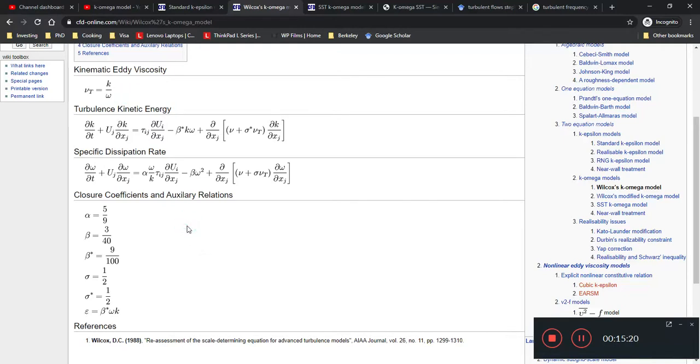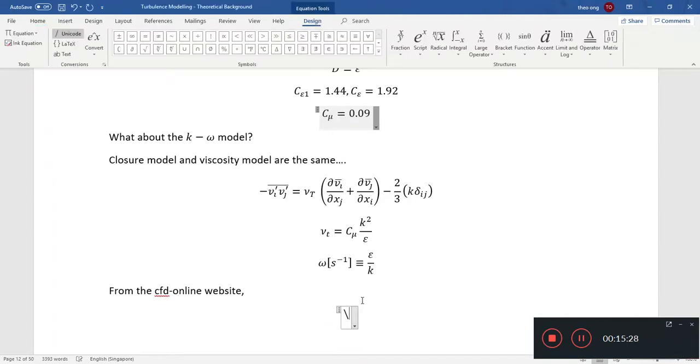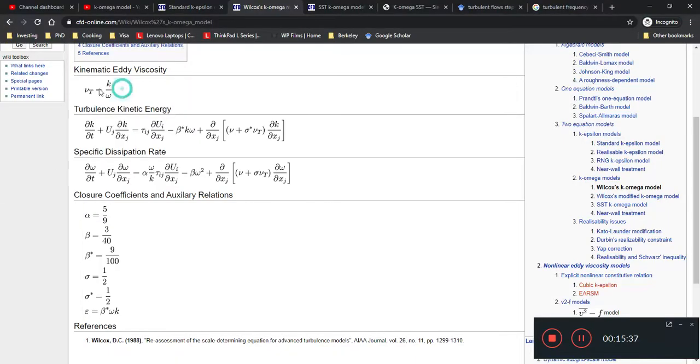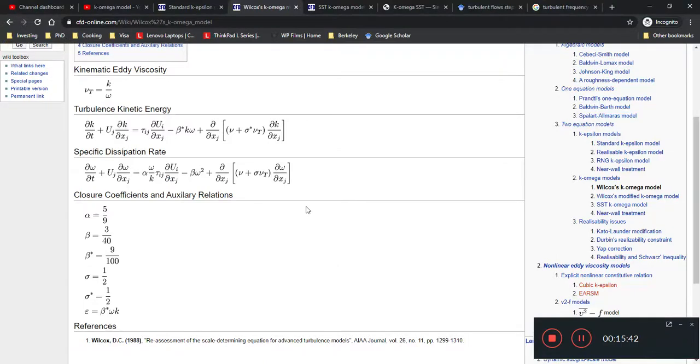From the CFD Online website, nu t equals k divided by omega, where in this case epsilon equals beta, some constant, times omega times k. So this is the special way of putting this epsilon here.